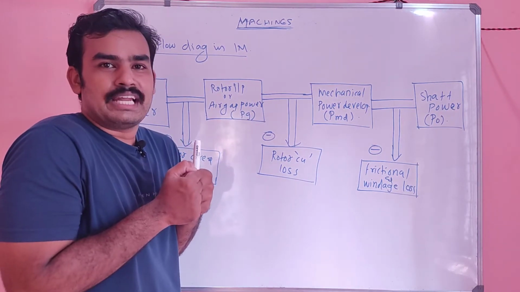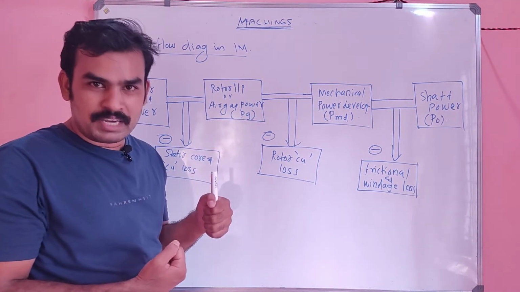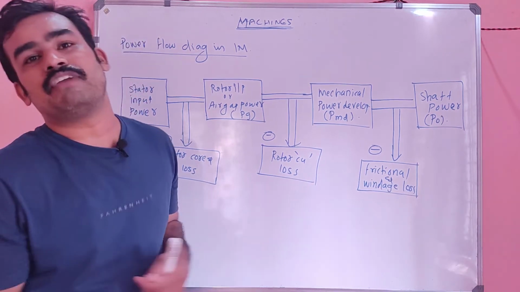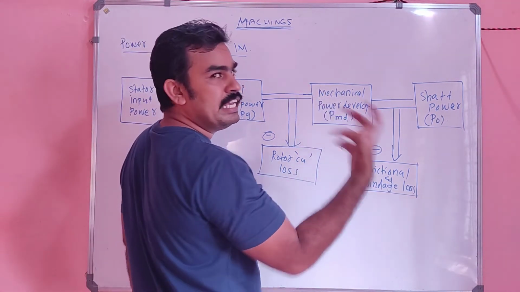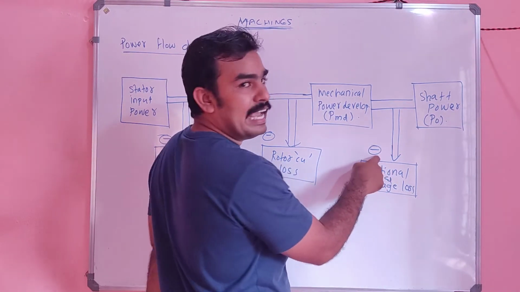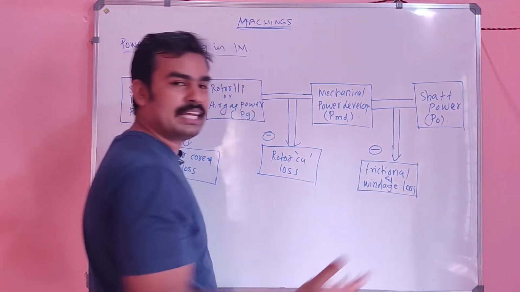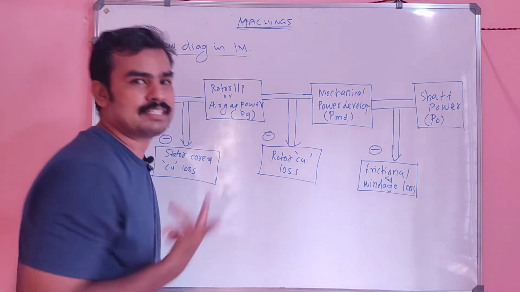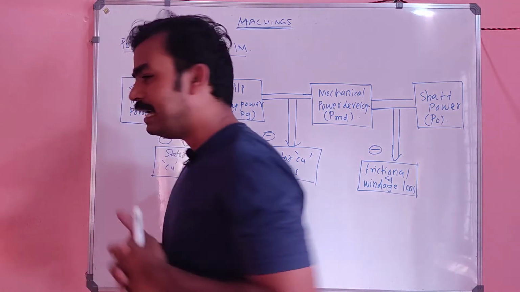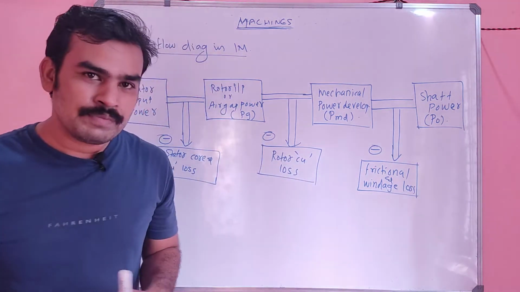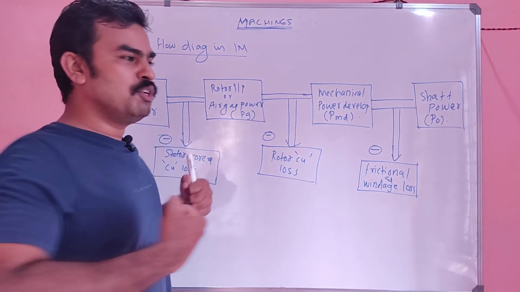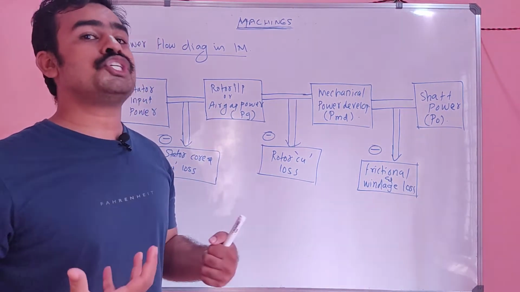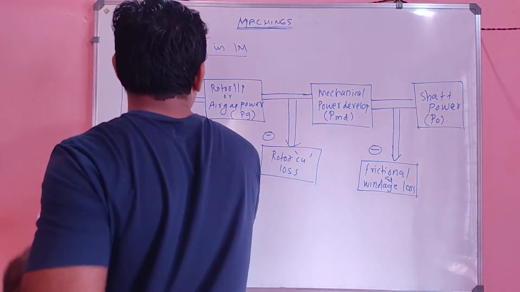It has some inertia. It has to rotate by overcoming the wind resistance as well as friction. So even though the mechanical power developed is PMD, there will be another loss called the friction and windage loss in the rotor side, because the rotor has to rotate. Even though I developed certain energy, I have to rotate, which means a portion of the energy will be utilized for that rotation, right?